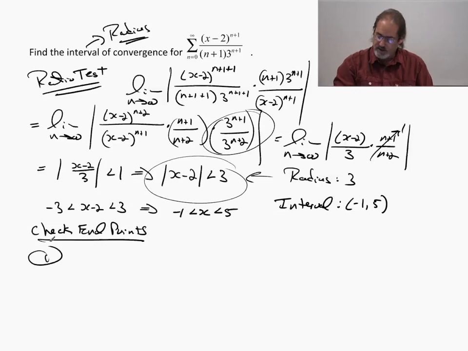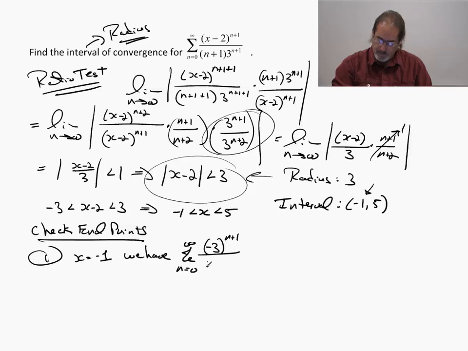So the first one I'm going to check is this negative 1. For x equals negative 1, what we have is the sum, n equals 0 to infinity, of (negative 3) to the n plus 1 over (n plus 1) times 3 to the n plus 1. Well, I'm going to rewrite this just a little bit.